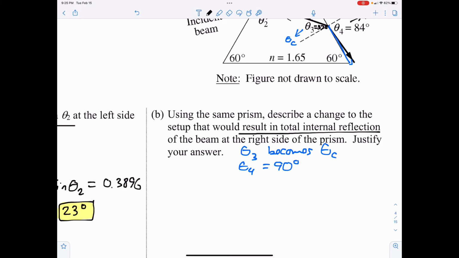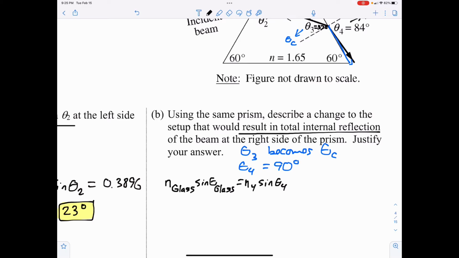Okay, so we're going to go n of the glass sine theta of the glass equals n4 sine theta 4.